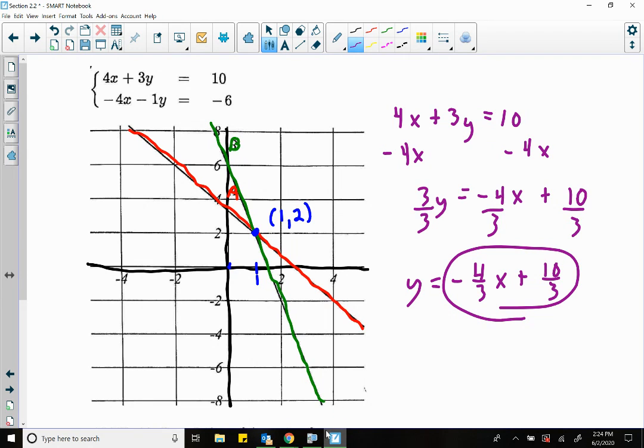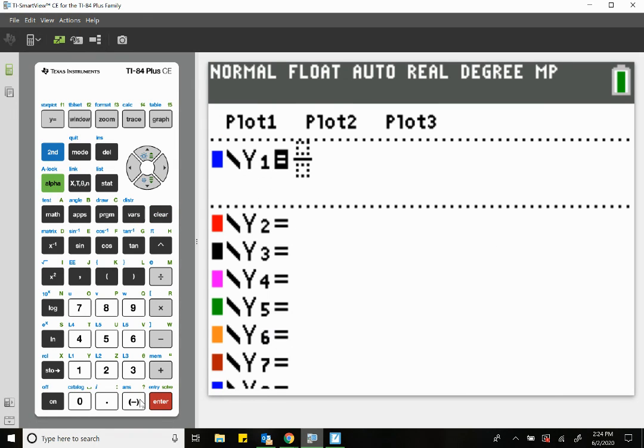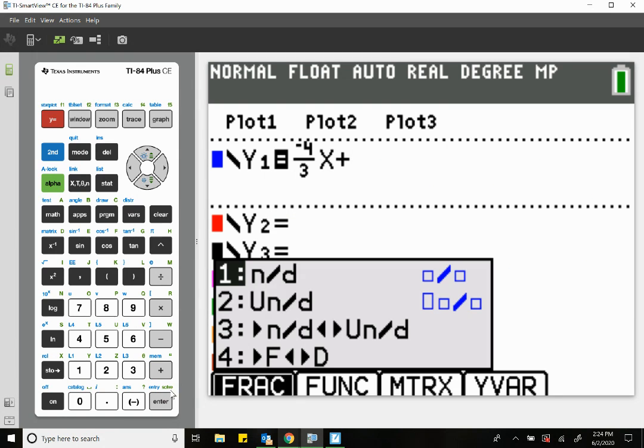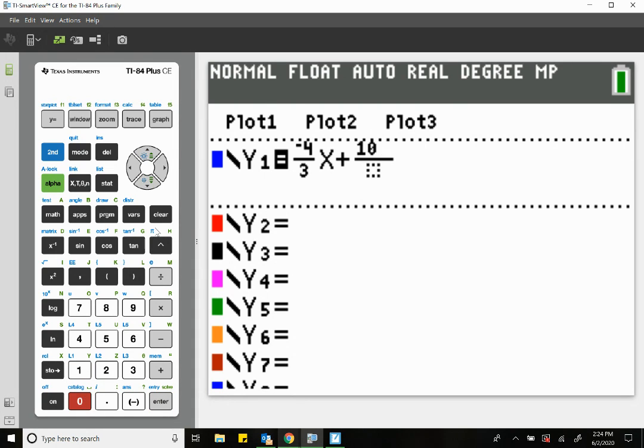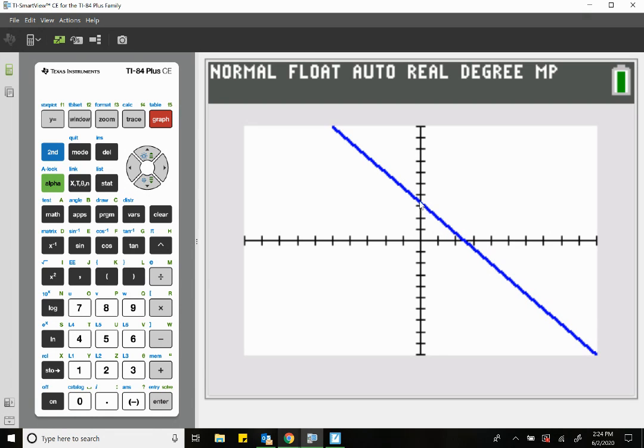Okay? So go to our calculator, alpha y equals. I'm just going to put the negative in the top, so -4/3 x, and then plus 10/3. And now hit graph. So there it is. Now, take note of things that you see here. Look at the x-intercept.